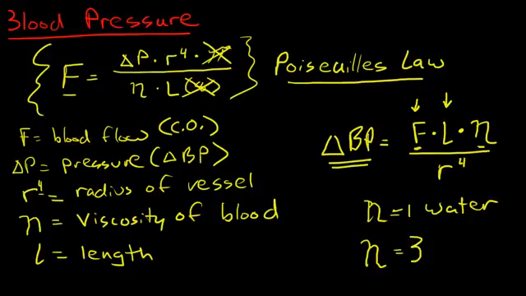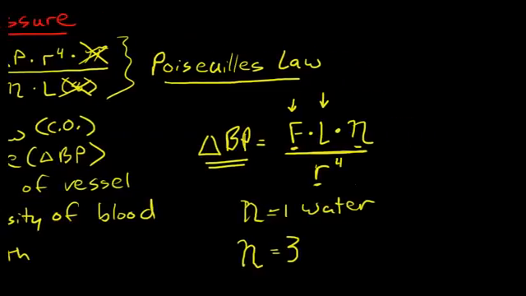Now, obviously, if you have a very low hematocrit or decreased proteins in your serum, this could be a little bit lower. So that is going to have a significant effect on blood pressure if it is dropped enough. And then all of this is divided by the radius to the fourth power. So what does this all mean clinically?